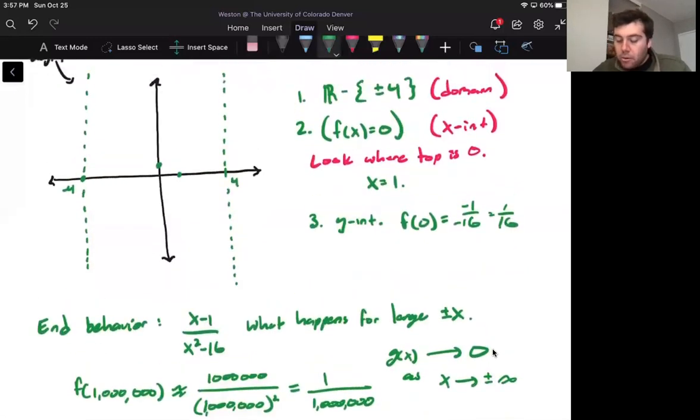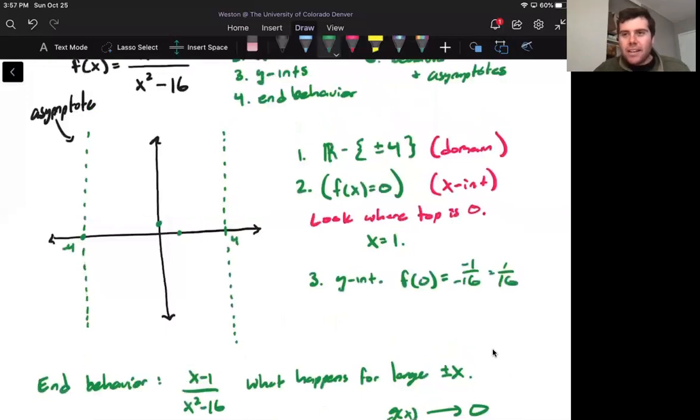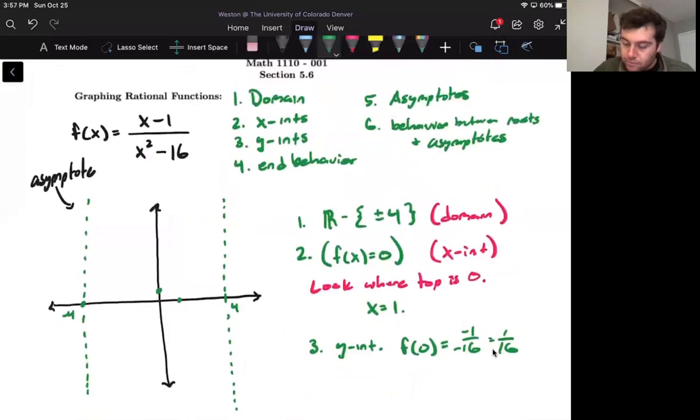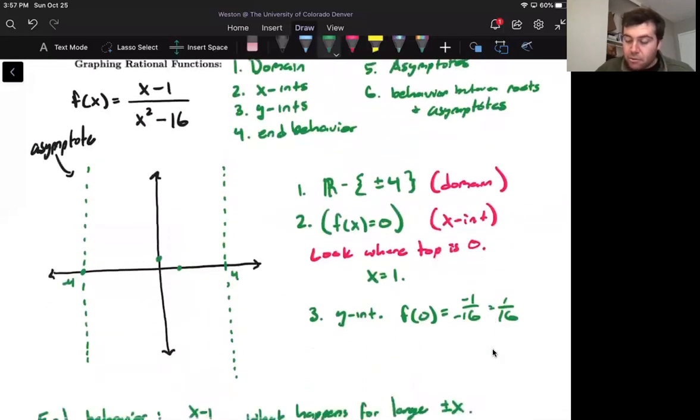Okay, so now we know that the end behavior is headed to 0. We already have our asymptotes on there after finding the domain. And now we just have to find our behavior between the roots and the asymptotes. And once we get that, we'll actually be able to get our end behavior out pretty quickly.